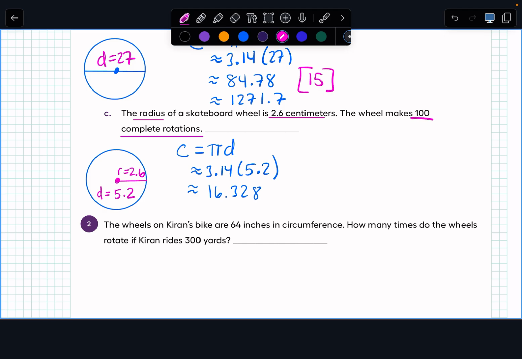So what we need to do is multiply this number by 100, and then our final answer would be 1,632.8. But let's just round that up to 1,633 centimeters.